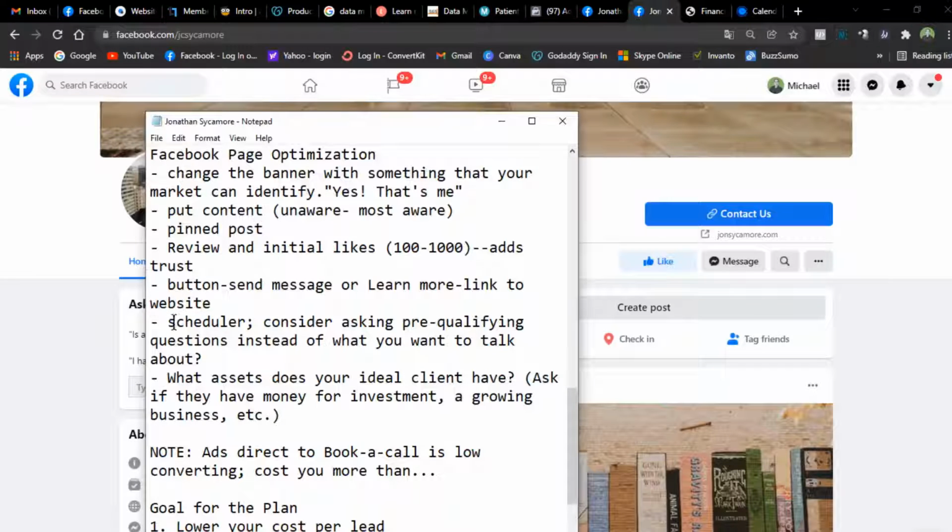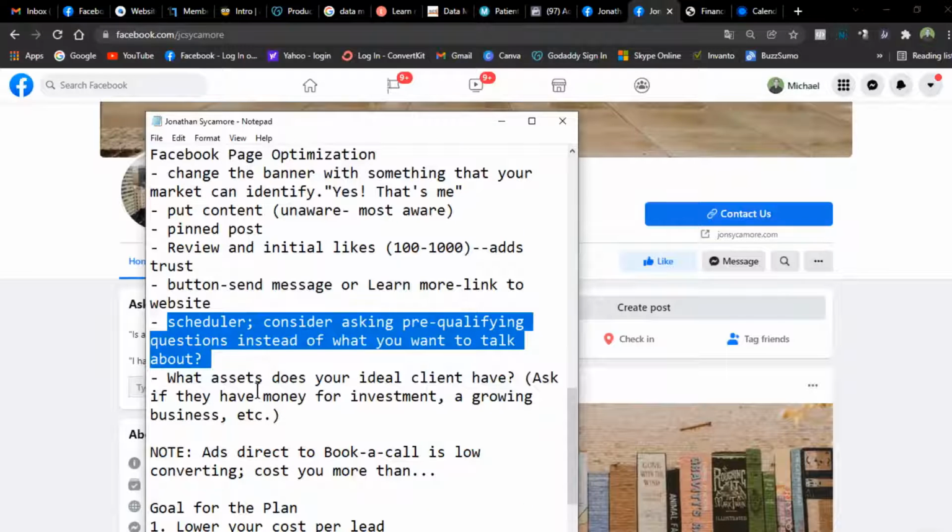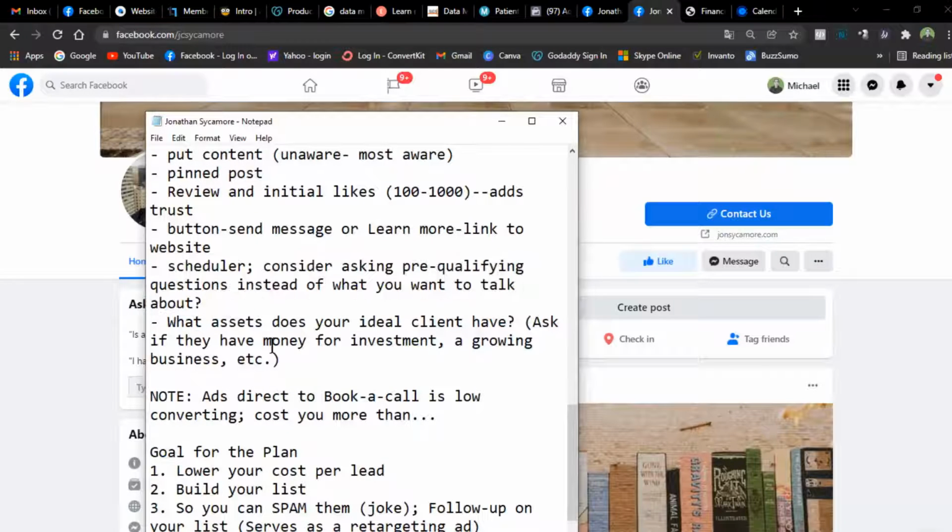Okay, here I've also mentioned the scheduler. We're done with that. The questions on your scheduler would be, what assets does your ideal client have? Let's say you want to work with people who have cash flow to invest, then you have to ask that in a subtle way.